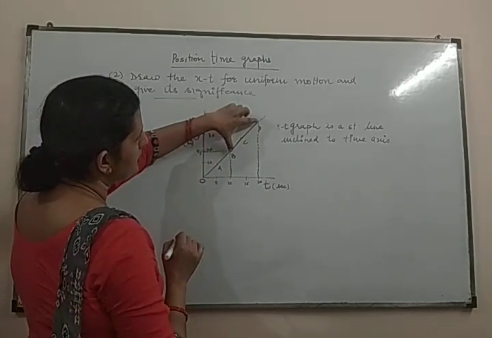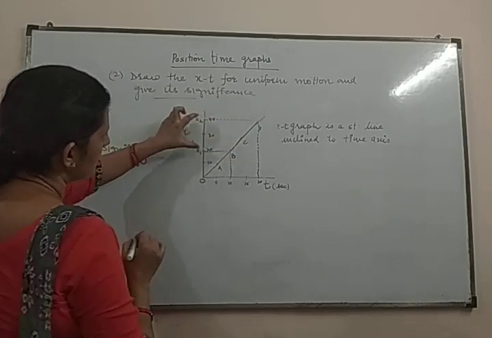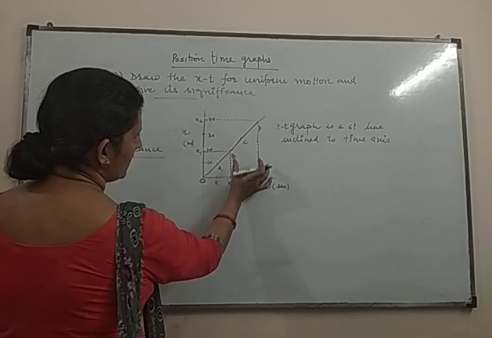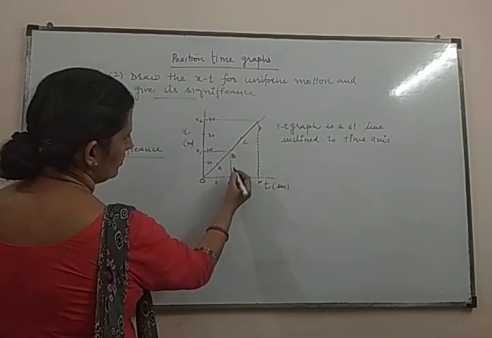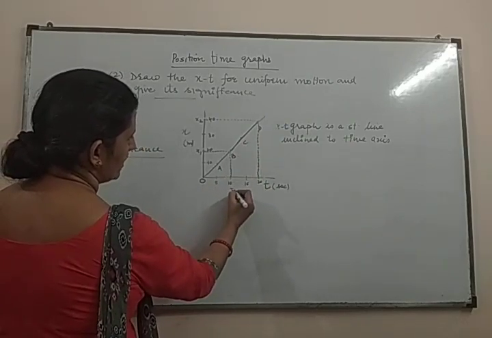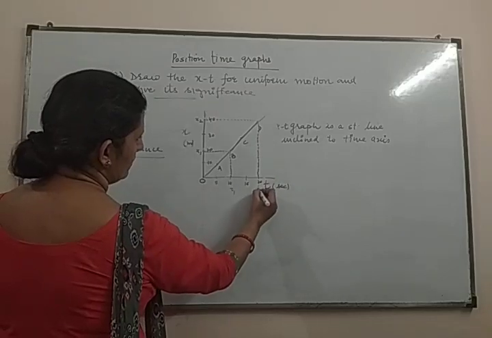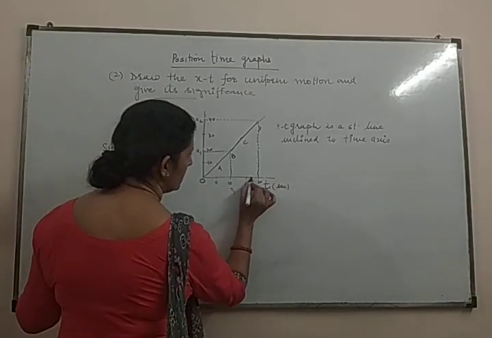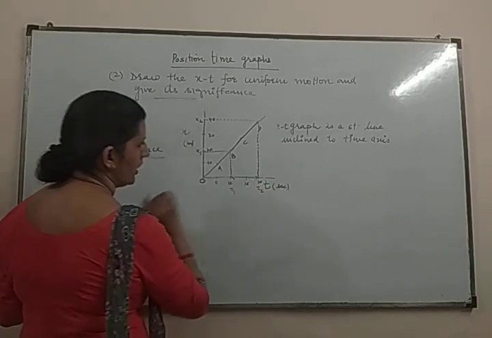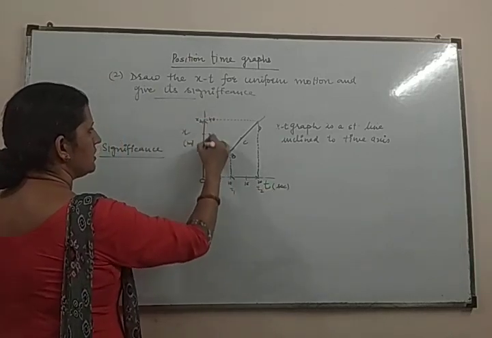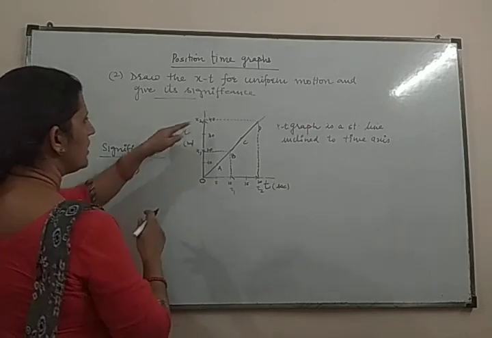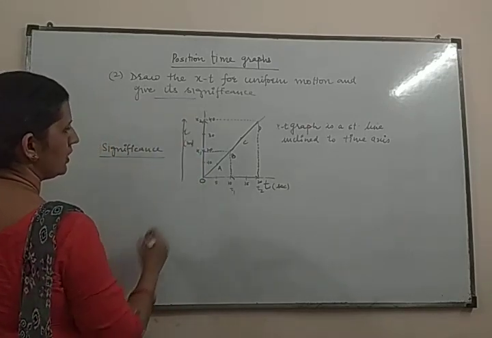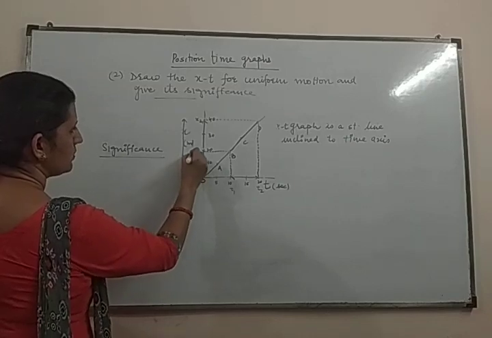This length on y-axis is equivalent to this much length, and this length on x-axis is equivalent to, suppose this point is T1 and the perpendicular which meets here, this point is T2. Now you have to find this distance on x-axis and this distance on y-axis. What is x2 here? x2 is this value total. What is x1 here? x1 is this.